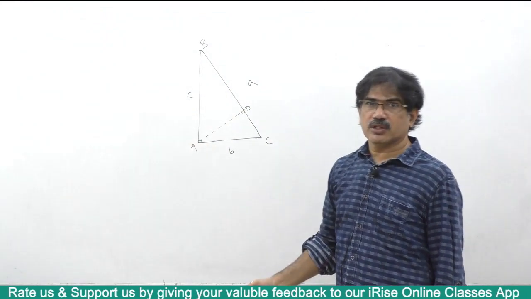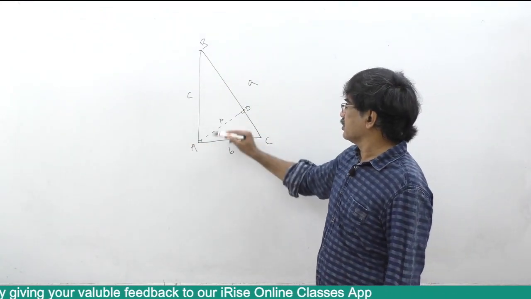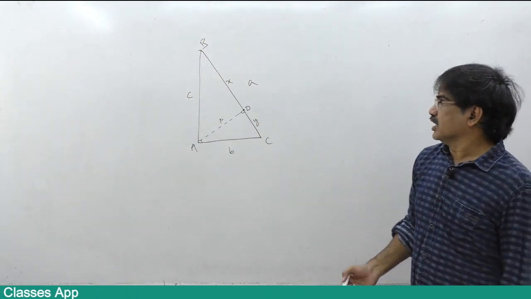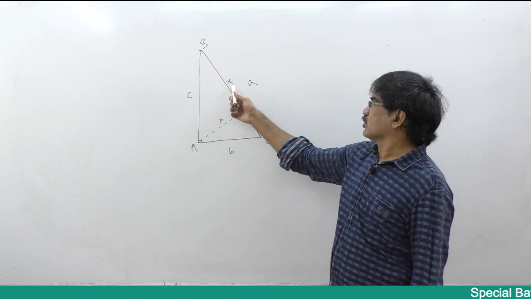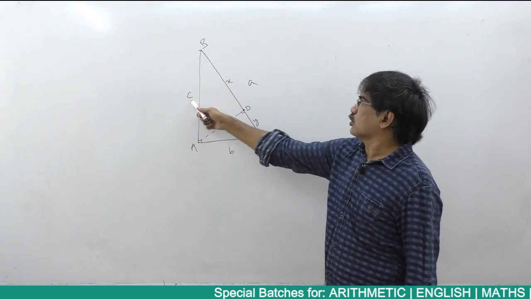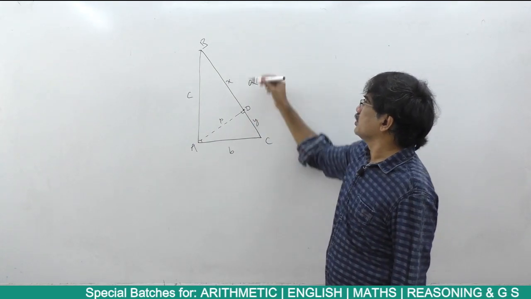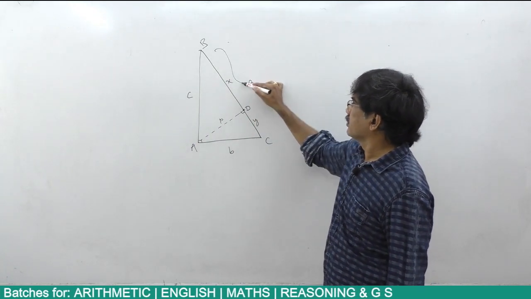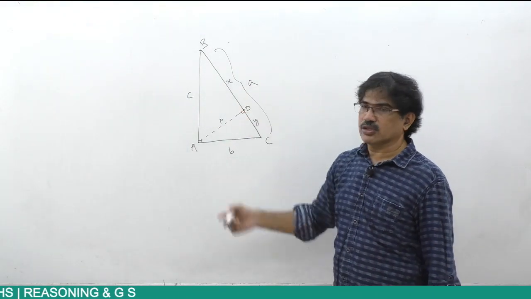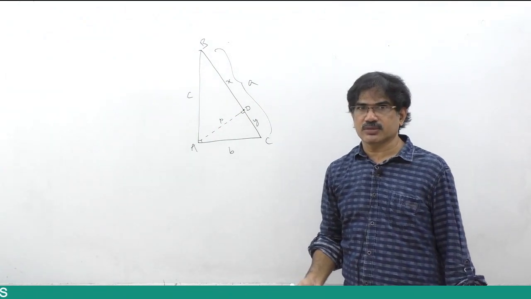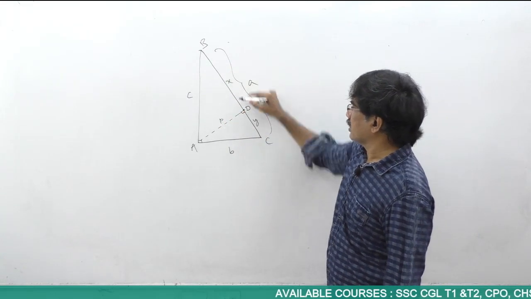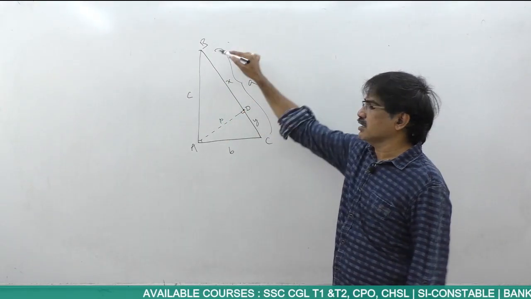Based on these, if this is p, this is x, this is y, then p squared is equal to x into y, p is equal to bc by a, x is equal to c squared by a, y is equal to b squared by a, and this total is a. All these properties can also be proved using the similar triangles condition. Here we have three triangles. This is one triangle, this is the second triangle, this is the third, big triangle.